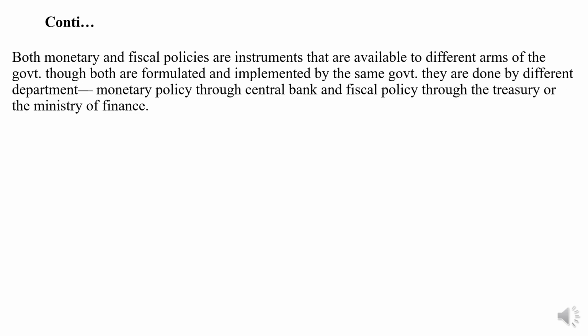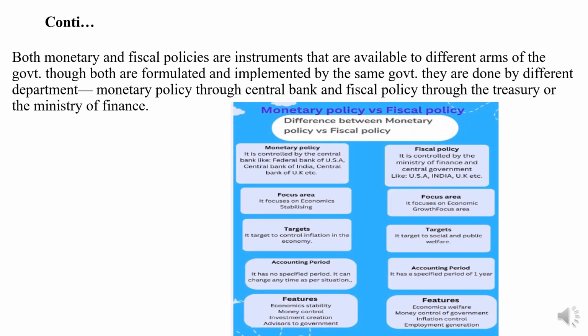So both the monetary and fiscal policies are the instruments that are available to different arms of the government. Both are formulated and implemented by the same government. They are done by different departments, monetary policy through the central bank and fiscal policy through the treasury or the ministry of finance.